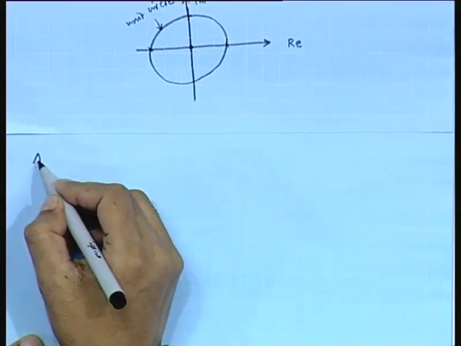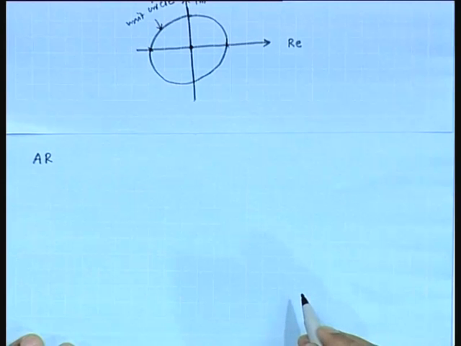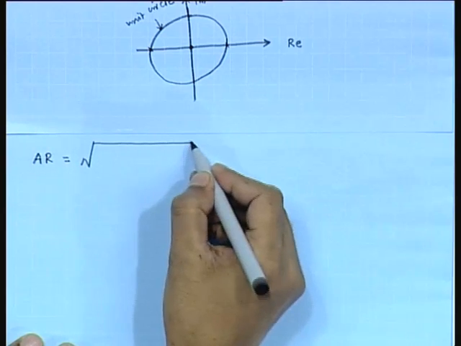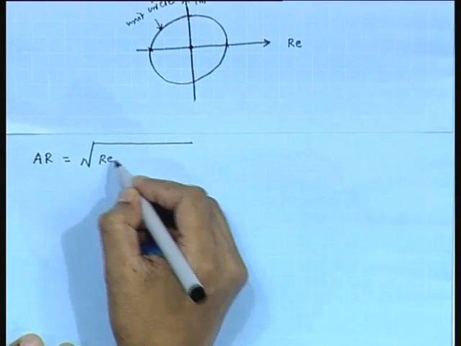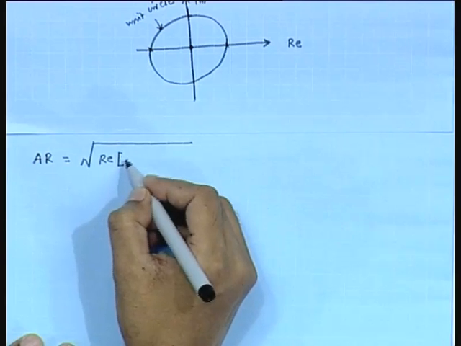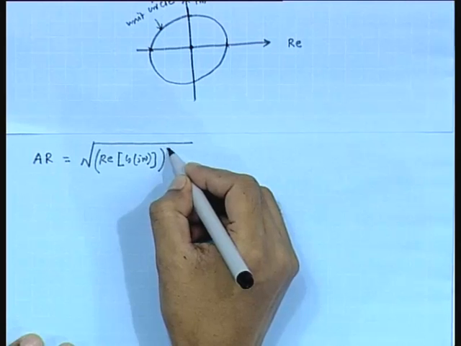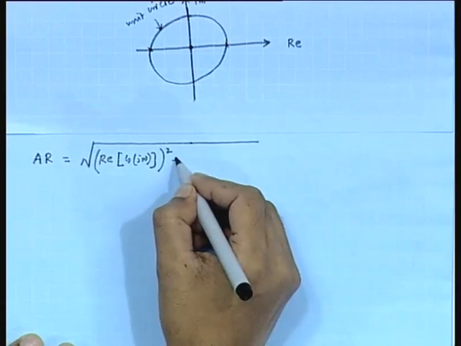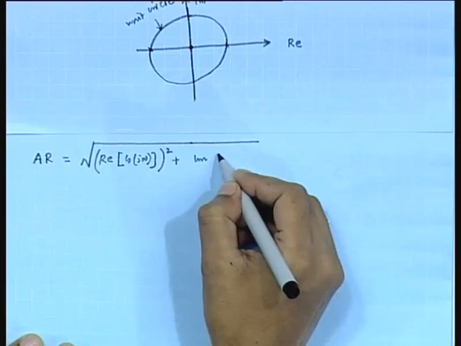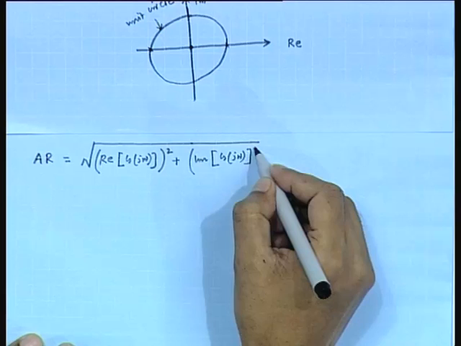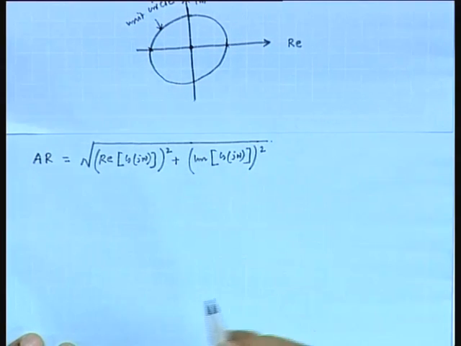Now, from the frequency response transfer function, we can write the expression for amplitude ratio. Amplitude ratio is root over of the real part whole square plus imaginary part whole square.